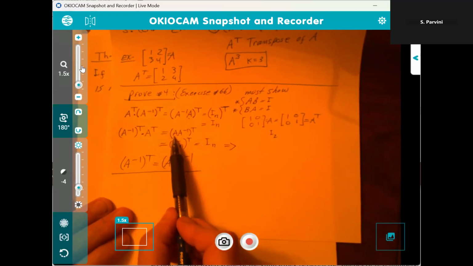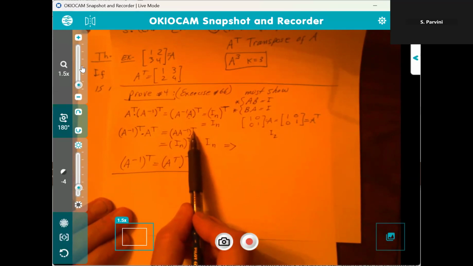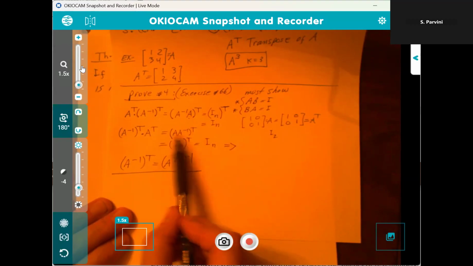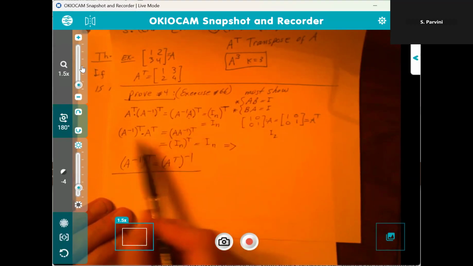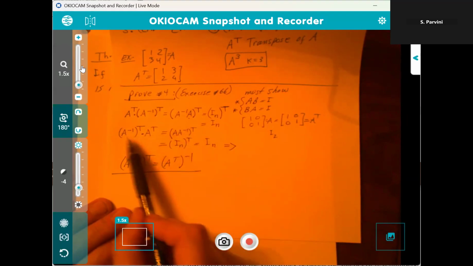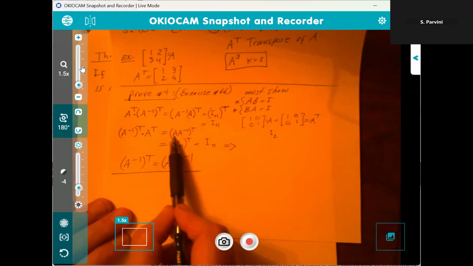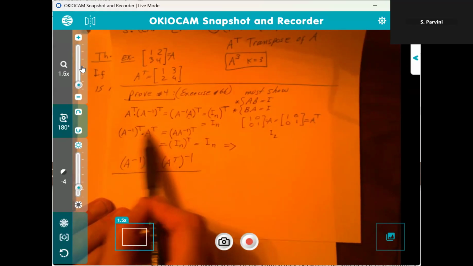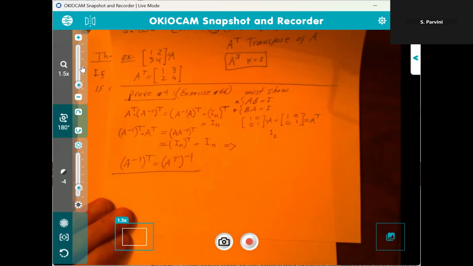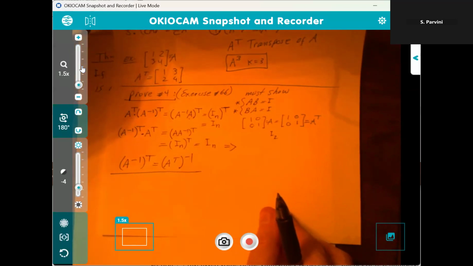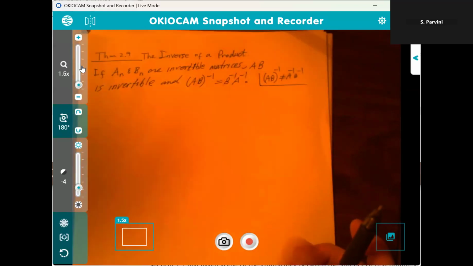When you go A B transpose, it's not going to be A transpose B transpose. It's going to be B transpose times A transpose. You switch the order of these two and transpose them. That's exactly how the inverse works. It works exactly like the transpose does.